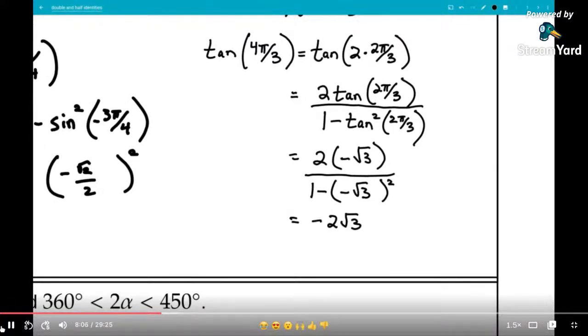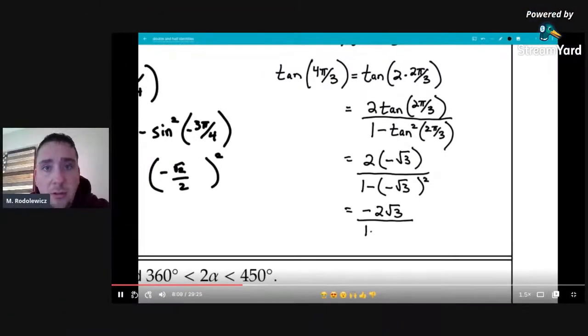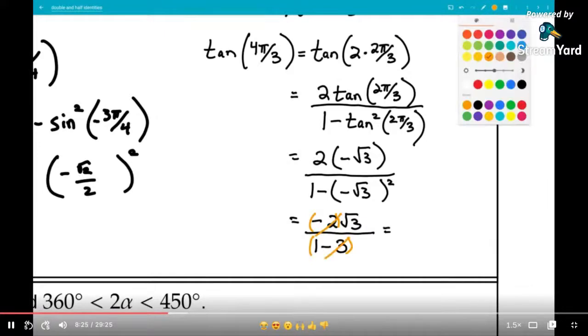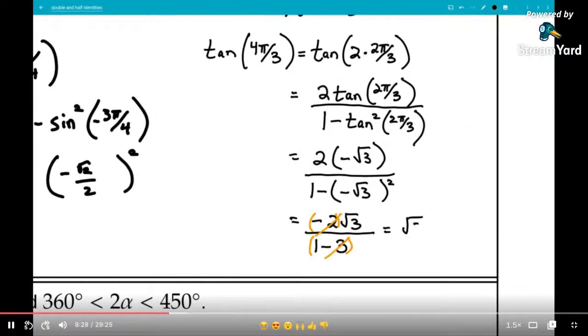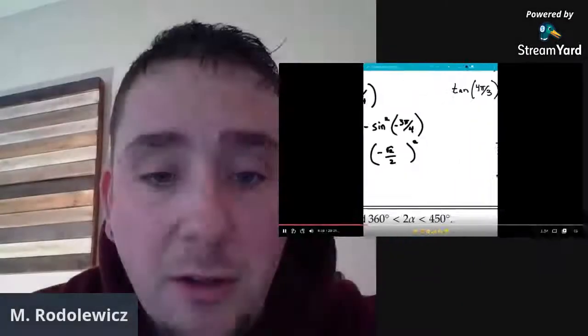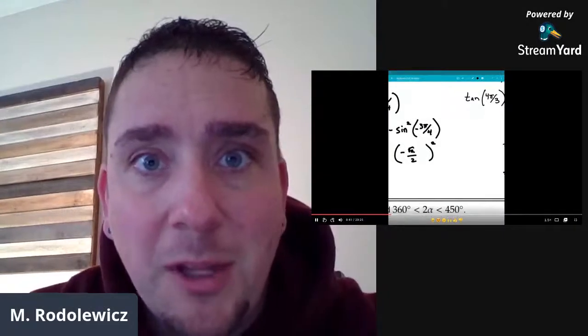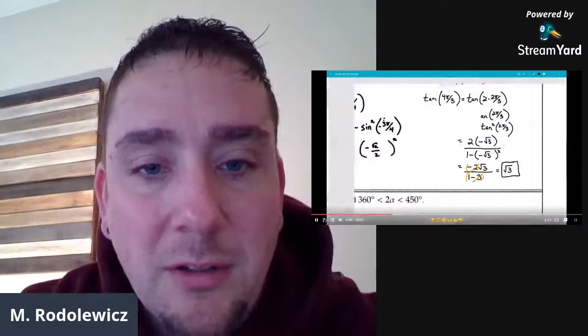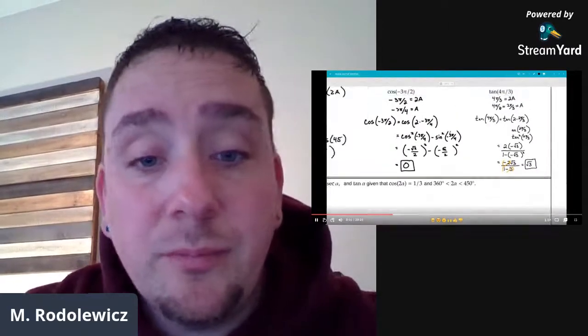And at this point, I'm just doing arithmetic from here on out. And you have a factor of negative 2 that cancels very nicely there for a final answer of square root of 3. That's my issue right there. Don't worry about that. That's on me. When I was typing this up, I kind of zoomed on the screen. So, all right, moving on.